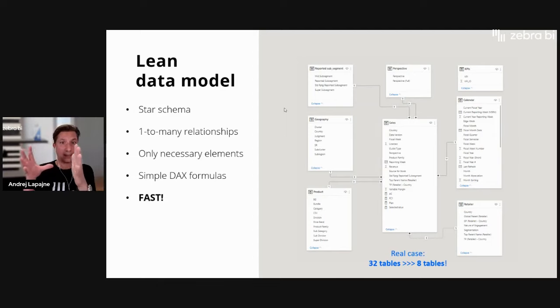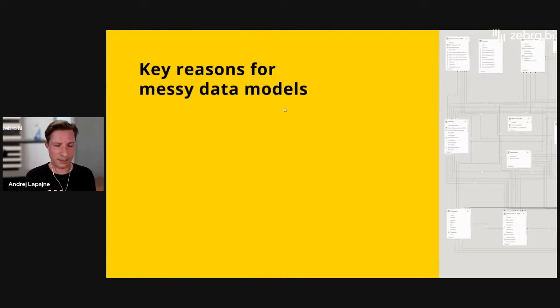So this model actually represents the exact same functionality as the one on the previous picture. And with this technique, we've been able to reduce the number of tables in the model from 32 down to 8 tables, right? And of course, it's much, much faster. It's like 5 to 10 times faster for typical data queries in the reports that were used in this case.